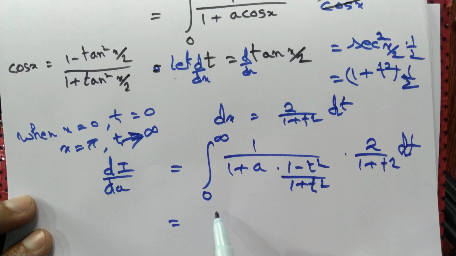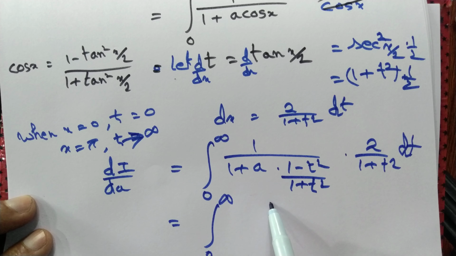We can cancel 1 + t² out, and 2 is just a constant, so we write it outside the integral.